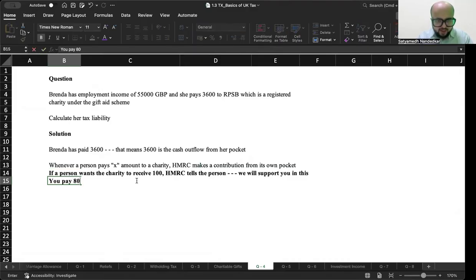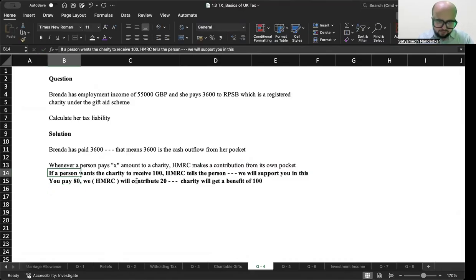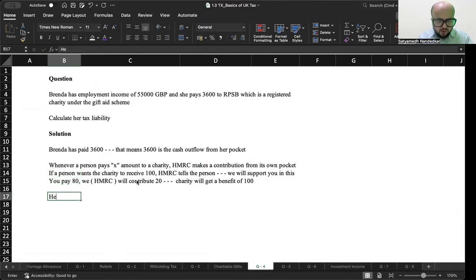You pay 80, we as in HMRC will contribute 20, and the charity will get a benefit of 100.